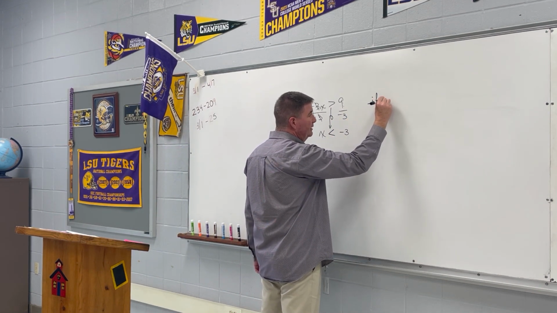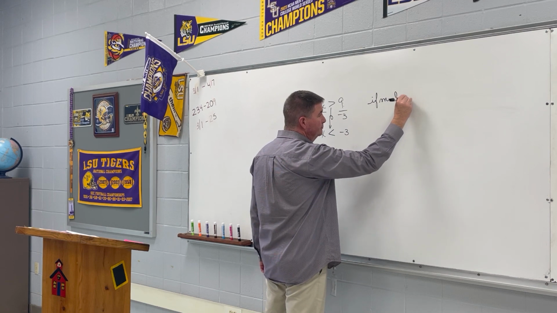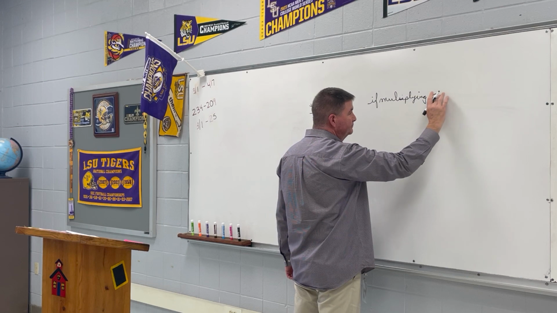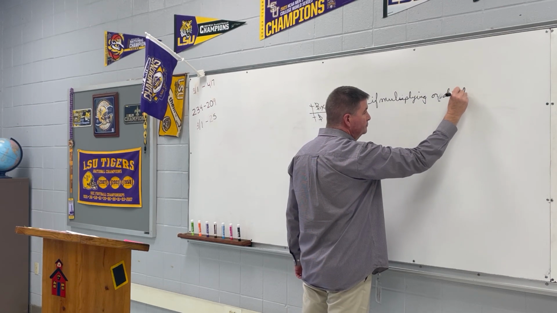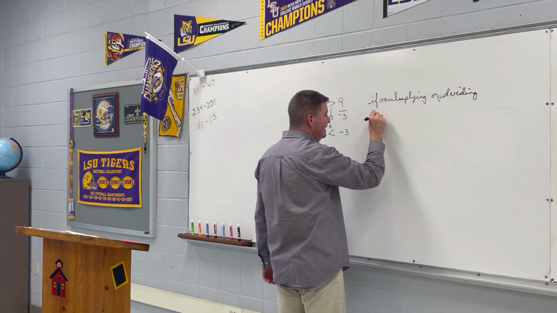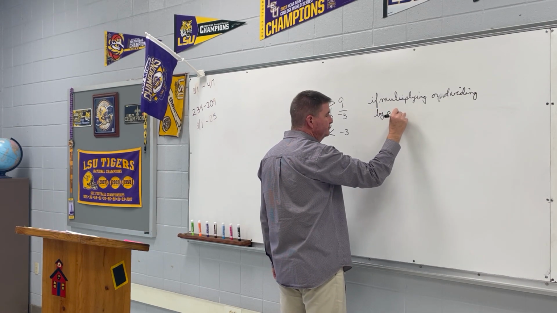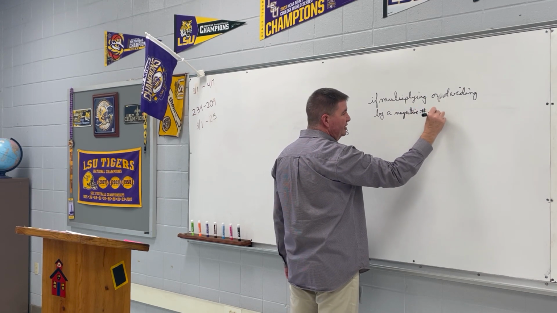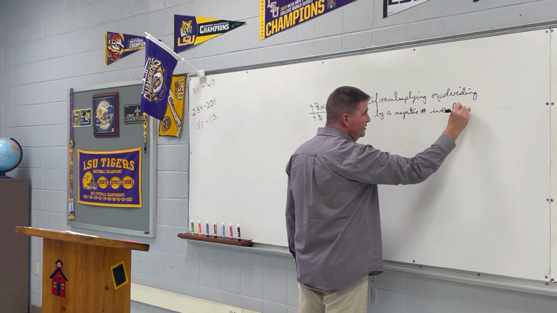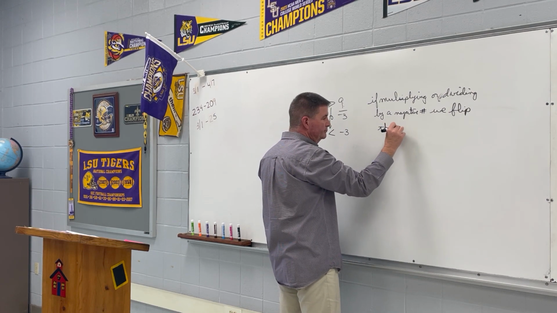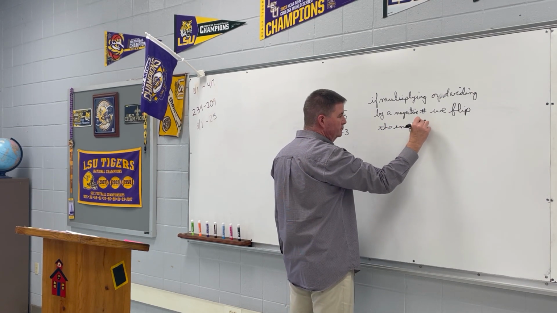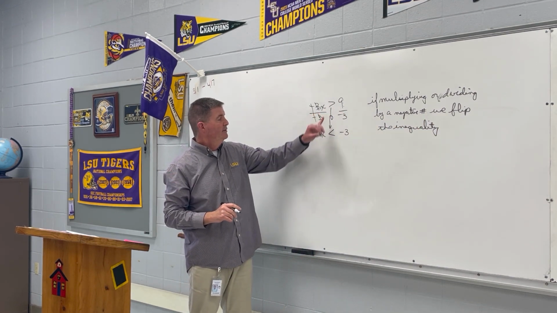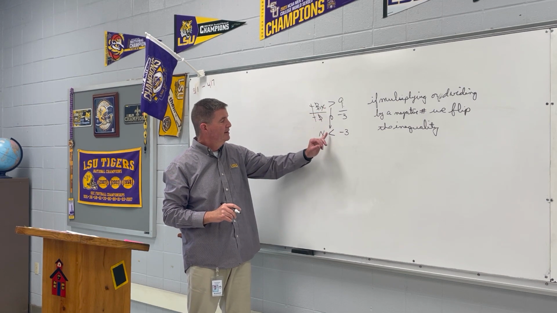If multiplying or dividing by a negative number, we flip the inequality. So if this had been less than, we would have flipped it to greater than. Since it's greater than, we flip it to less than.